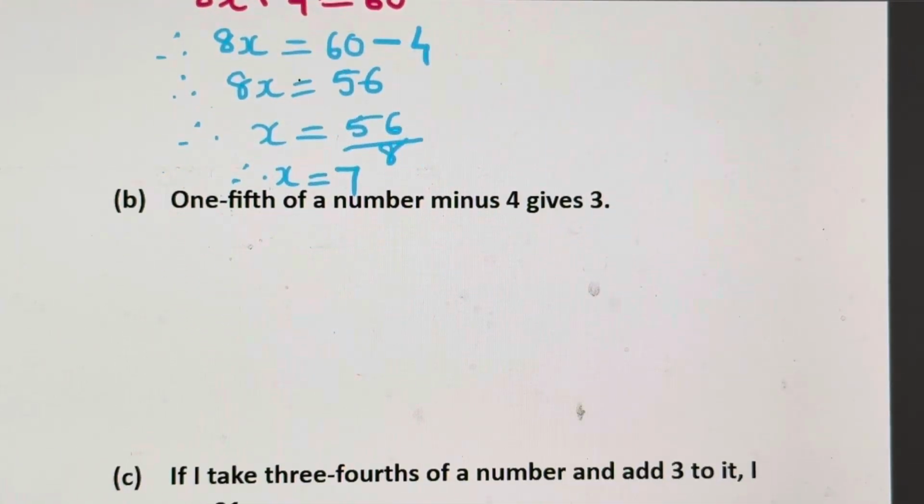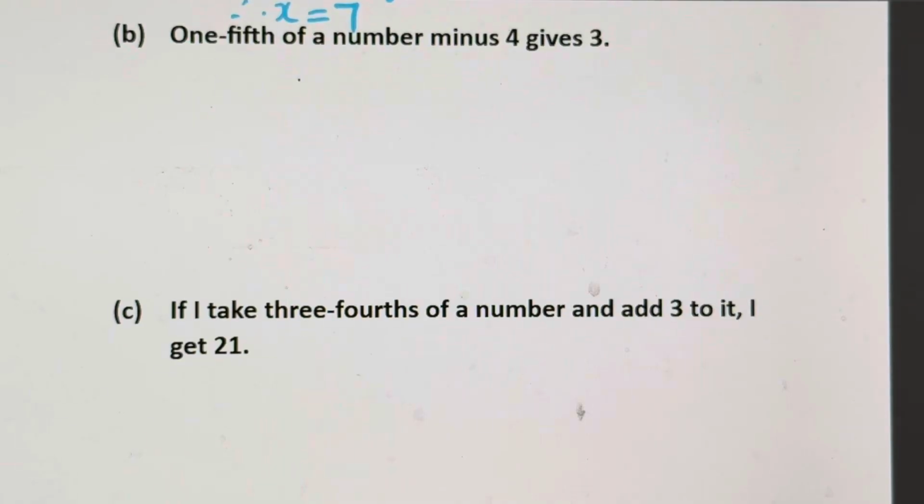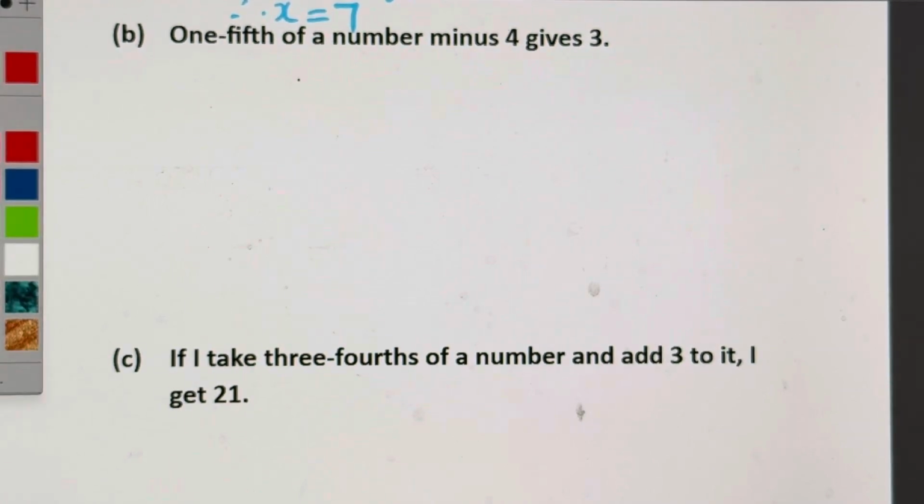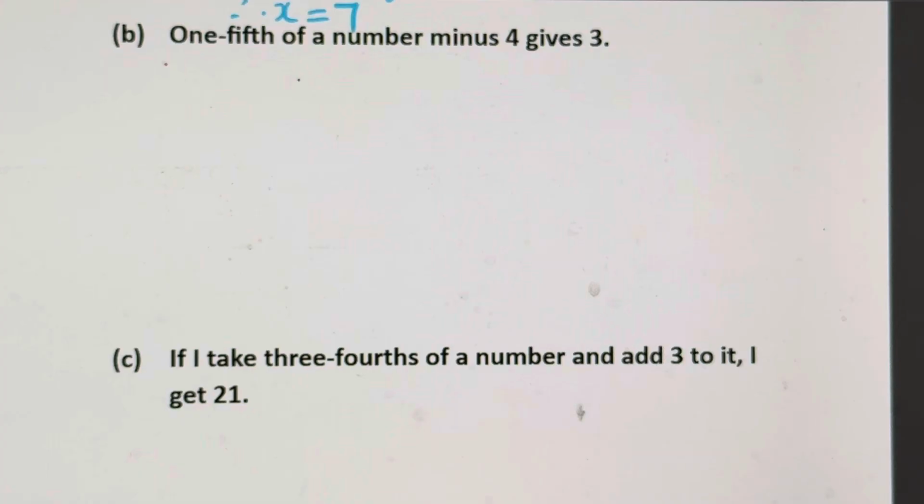Let us go to the next question. Now this involves a fractional number. What is given over here? 1/5 of a number minus 4 gives 3. Again we write: let the number be y. We take it as y this time.